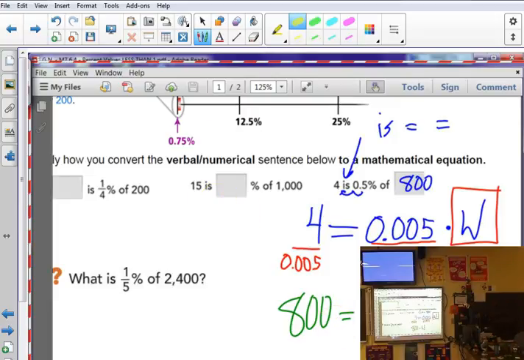So here, we can identify what we're looking for as either part, percent, or whole. Part is equal to some percent of the whole amount. That's our percent equation that we have. So if we look at this sentence, 4 is 0.5% of 800.